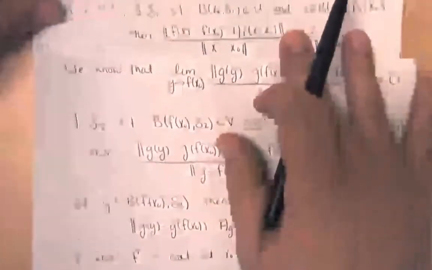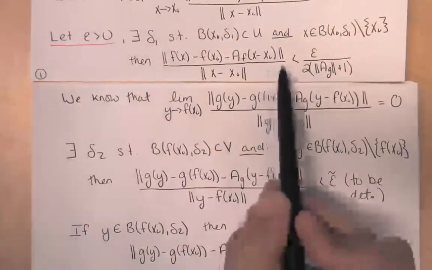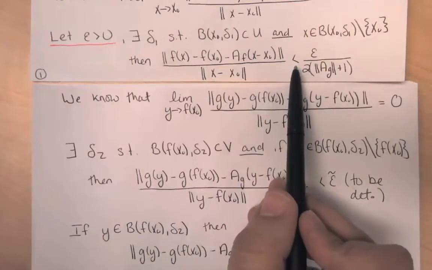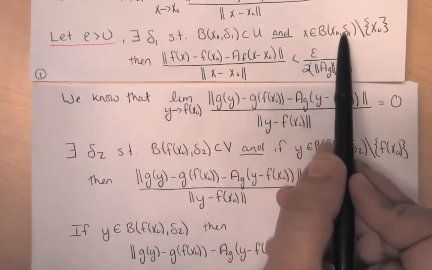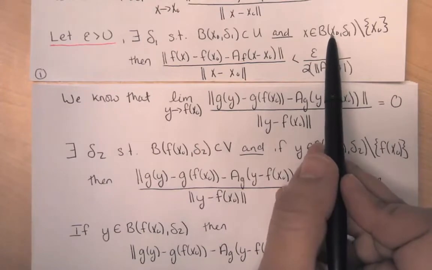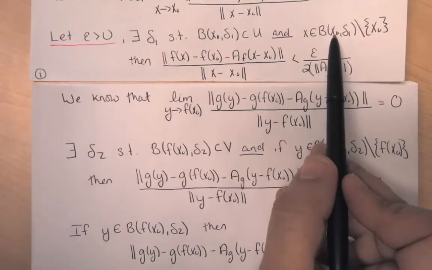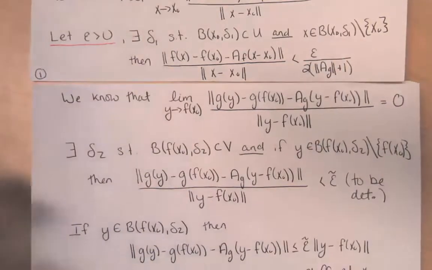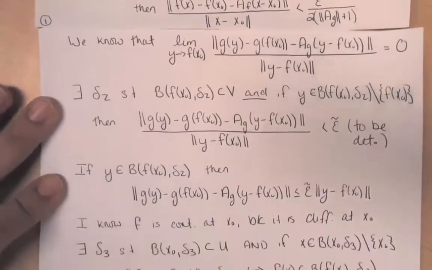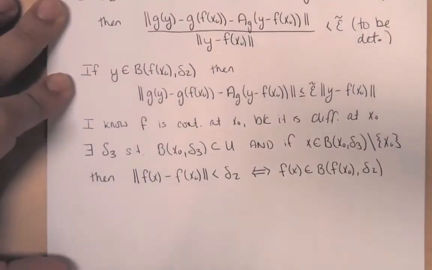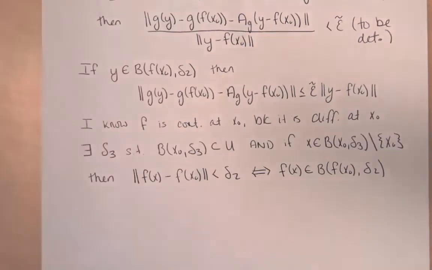Now, I also want this statement to be true, which means I want x to be in this ball centered at x naught. So there's two balls both centered at x naught that I want x to be in. So let me just pick the smaller of the radii.